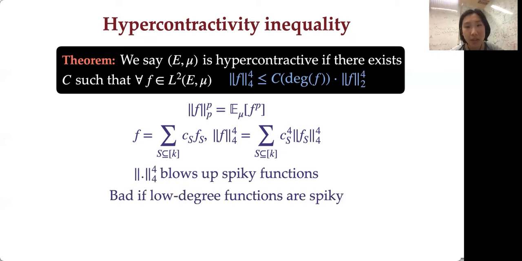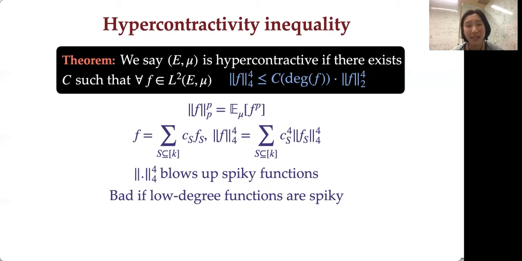It means that if we want to show a hypercontractivity inequality for a space (E, mu), it would be bad if the low degree functions are very spiky. The reason being that for low degree functions, C of the degree of f will be a relatively small number. However, if the low degree functions are spiky, we know that the fourth moment will actually be much larger than the second moment squared. So it will be hard to come up with a C that's large enough for a small degree so that this hypercontractivity inequality still holds.